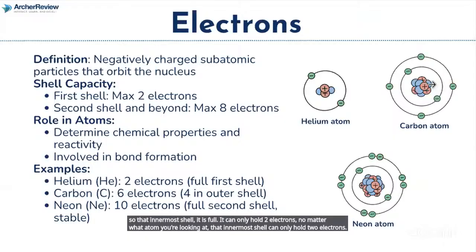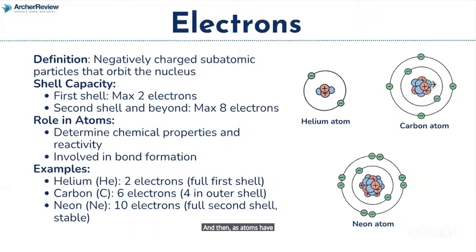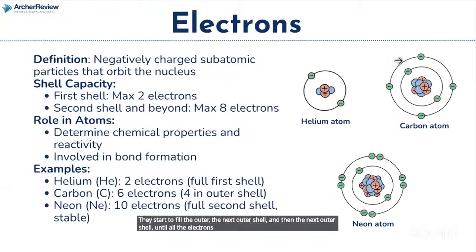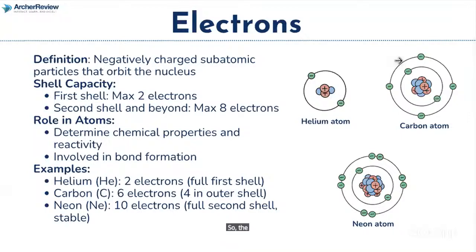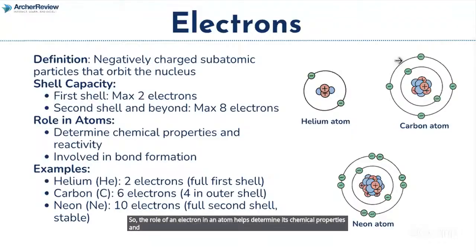As atoms have more than 2 electrons, they start to fill the next outer shell, and then the next outer shell, until all the electrons that atom has are placed in the orbitals. So the role of an electron in an atom helps determine its chemical properties and its chemical reactivity.